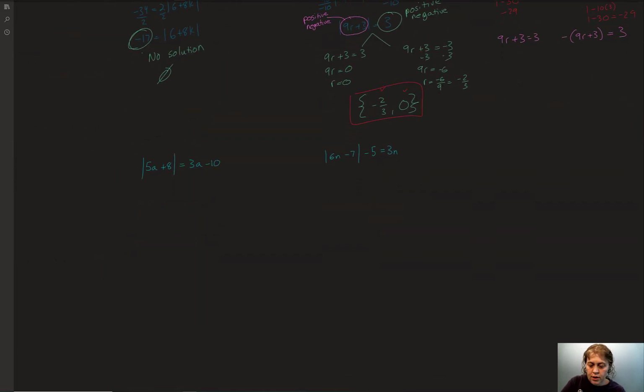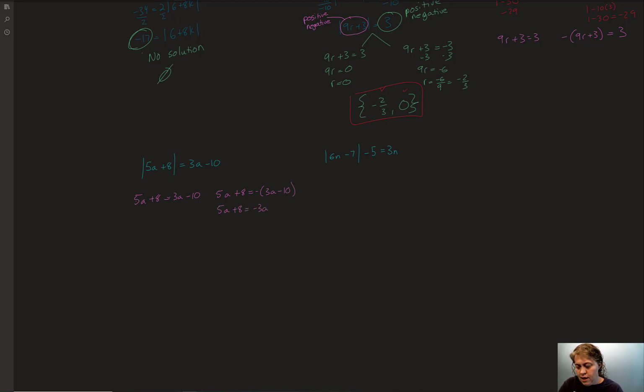Moving right along. This is already simplified down, so we're just going to go ahead and split it. And this one, it doesn't matter which way you split it. They're both equally irritating. 3a minus 10 equals 5a plus 8, and 3a minus 10 equals negative 5a plus 8.